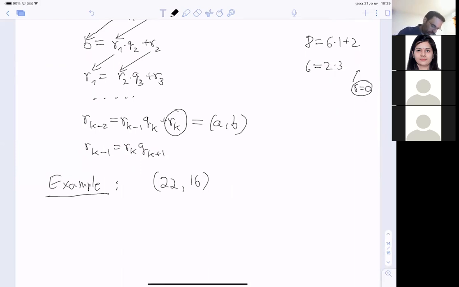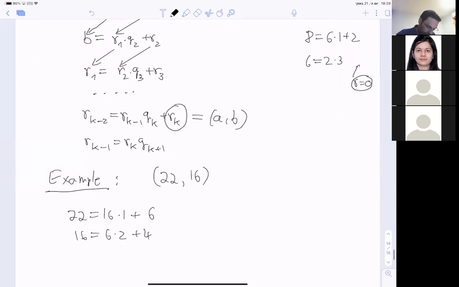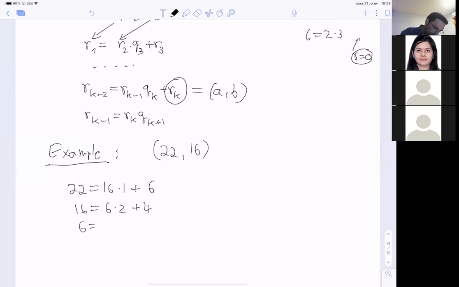Okay. So 22 is 16 only one time plus 6. Now 16 is 6 two times plus 4. And 6 is 4, see that I'm always writing the Q in this place, not to be confused with the previous remainders.